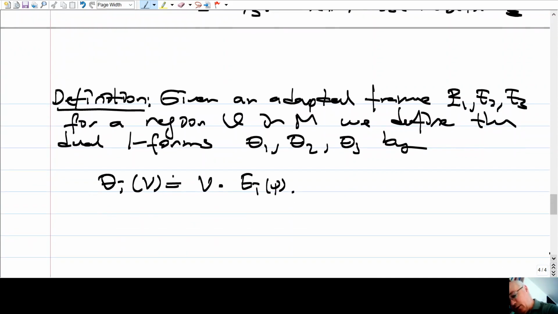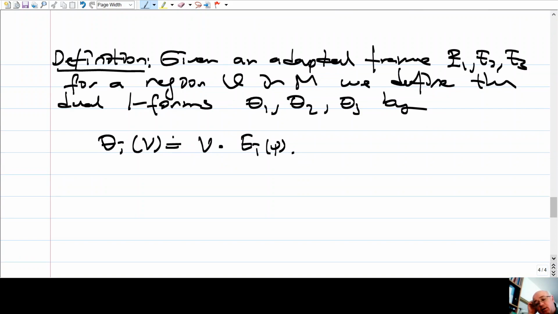So this was our definition for the dual one forms for a frame. Here, of course, since we are working on a surface, we take an adapted frame, meaning that the third vector is normal to the surface.